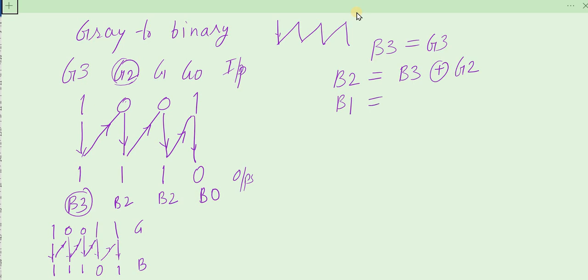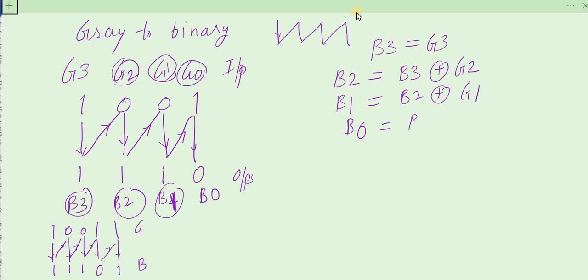B1 is generated by B2 and G1. So B2 XOR G1. B0 is generated by B1 and G0. So B1 XOR G0. So let's draw the circuit for this.